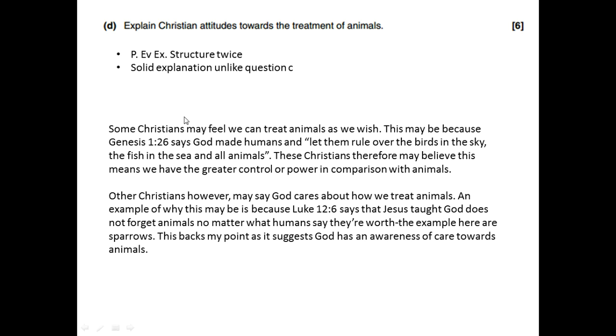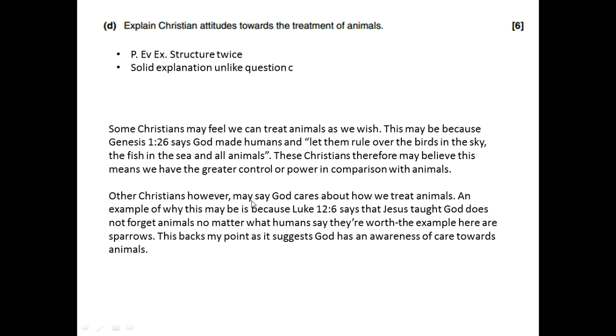You can tell, the examiners can tell when you're using your evidence if you use the word because, if you're using quotes, or my example to back my point is this, because we usually indicate that you're using evidence. Then explain: these Christians therefore may believe this means we have a greater control or power in comparison with animals, and there's my explanation. The explanation uses your evidence to show why your point is correct.